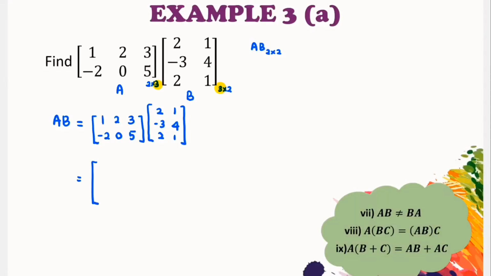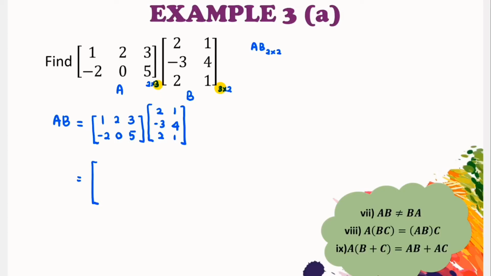We know that it will be a 2 by 2 matrix, which means it has 2 rows and 2 columns. How do we get the first position, which is y1, of the matrix AB?